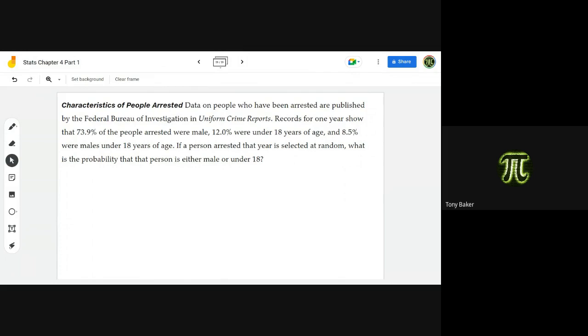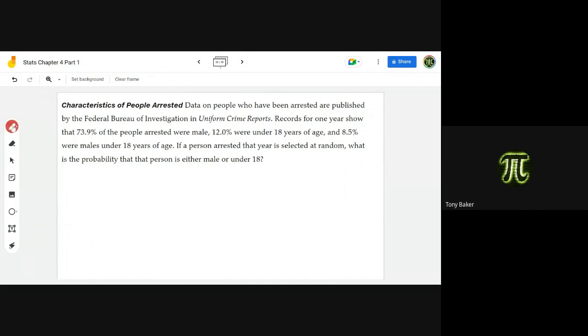So, question 1. Are these two events mutually exclusive? No, because you could be male and under 18. So we can't just add the percentages together, correct? We need to subtract off the overlap. Luckily, they gave me the overlap.